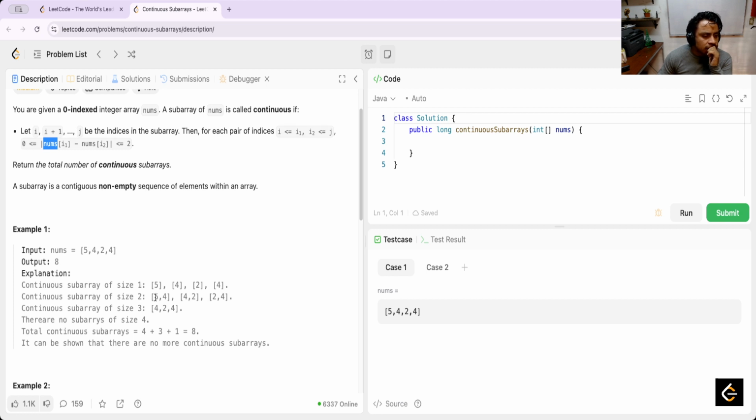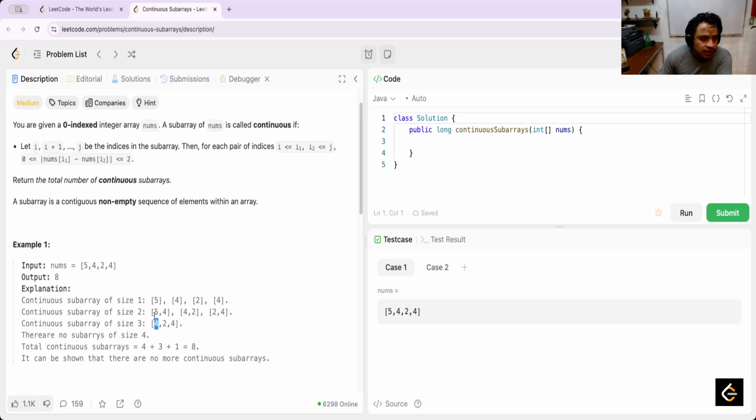For example here, 5 minus 4 is 1, and 1 is greater than 0 and less than or equal to 2. 4 minus 2 is 2, and 2 is greater than or equal to 0 and less than or equal to 2. I think in this case I take the maximum value, again 4 minus 2 is 2, which is greater than or equal to 0 and less than or equal to 2.